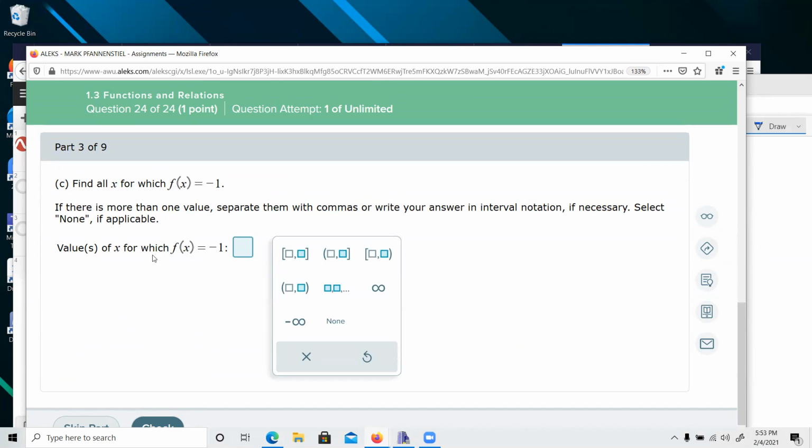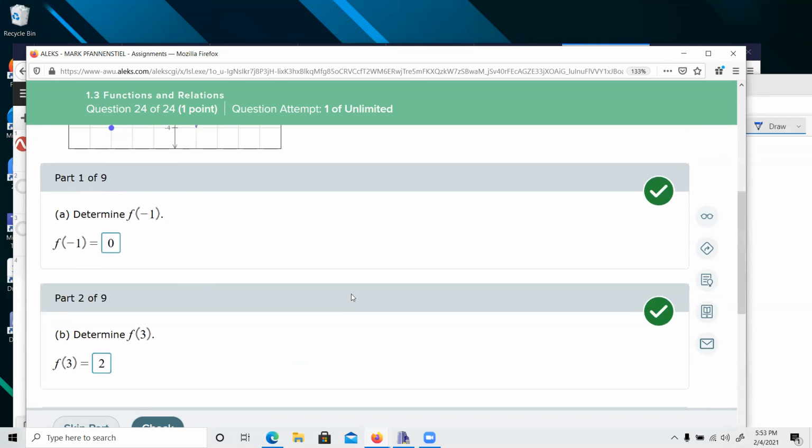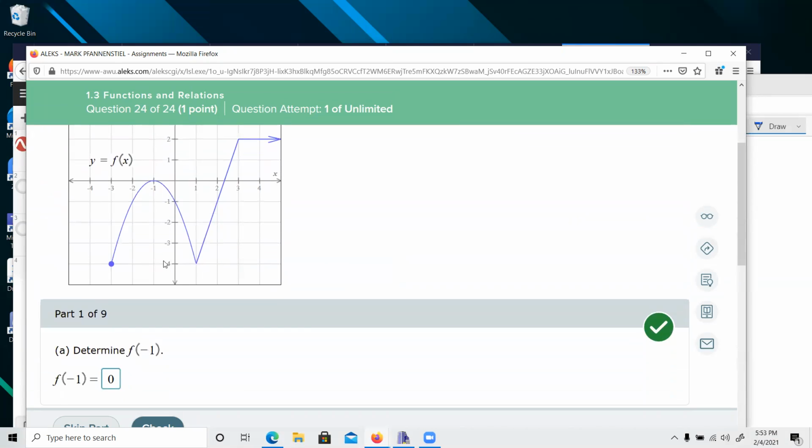All right, if f of x is equal to -1, there could be more values, right? We have a point here, a point here, a point there. There's 3 times where this is equal to -1. That's okay. The y's can cross a line, that's fine.